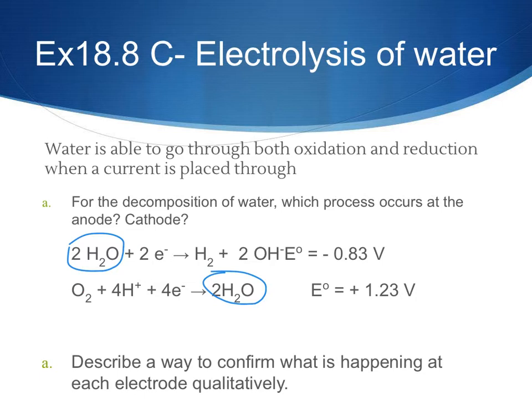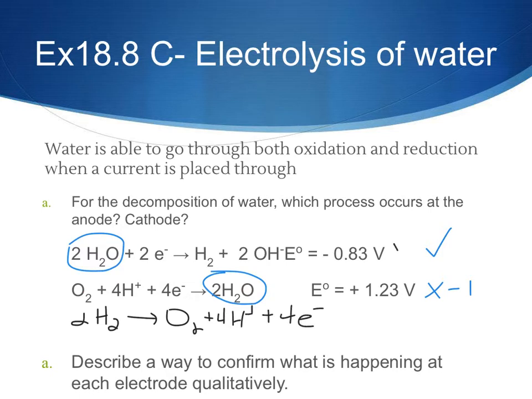That tells me that I have to leave this reaction alone and I have to reverse this reaction because I need my reactants to be reactants. So once I reverse that, I will get 2 H2Os turning into oxygen plus 4 H pluses plus 4 electrons.